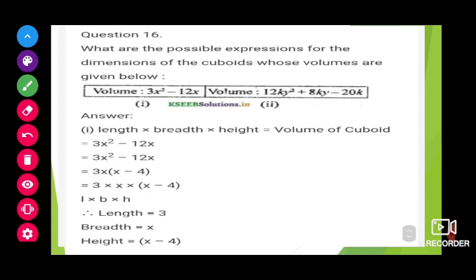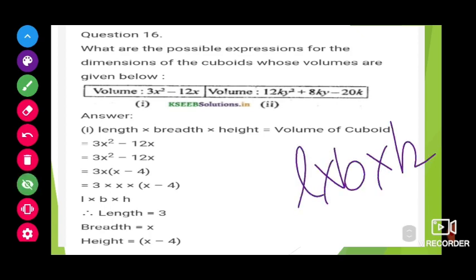Next, what are the possible expressions for the dimensions of cuboids whose volumes are given below? Here also, children, the volume of a cuboid we take as L into B into H. So the given expression we have to express as L into B into H. Take the first one, 3x square minus 12x.